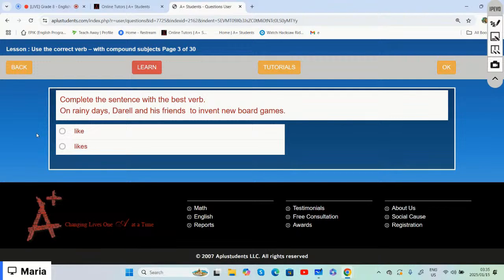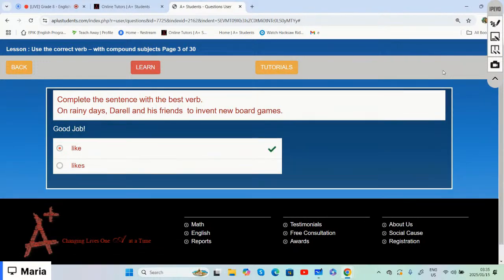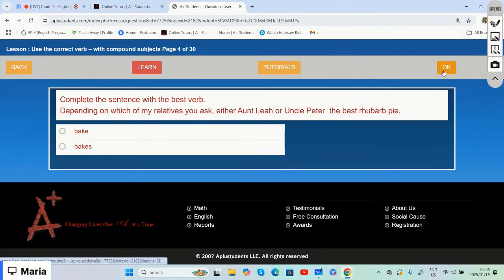So on rainy days, we say they like to, because if we refer to more than one person doing something, then remember we don't add S or ES. So like, because it's more than one person.